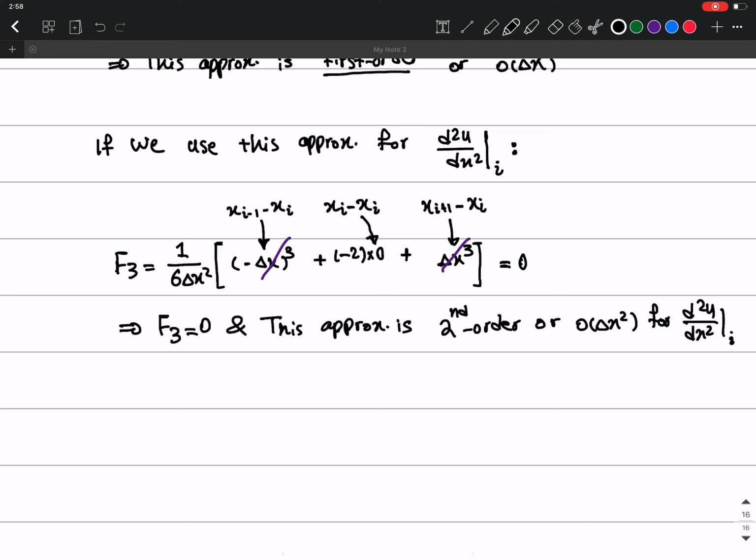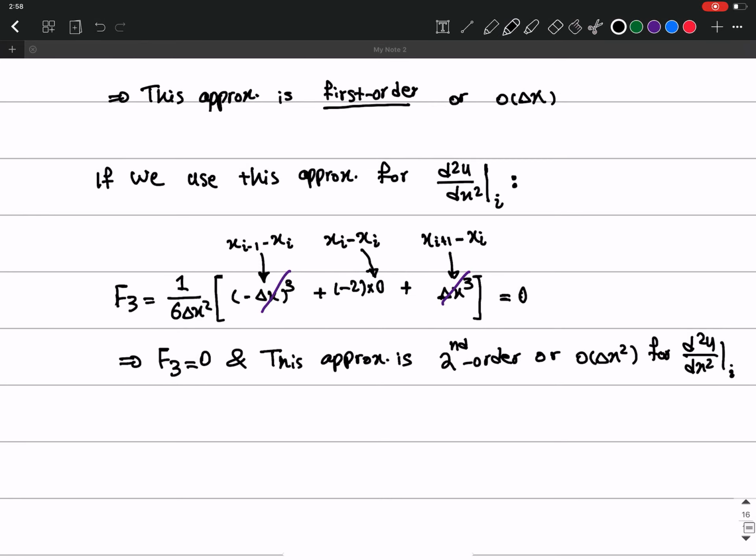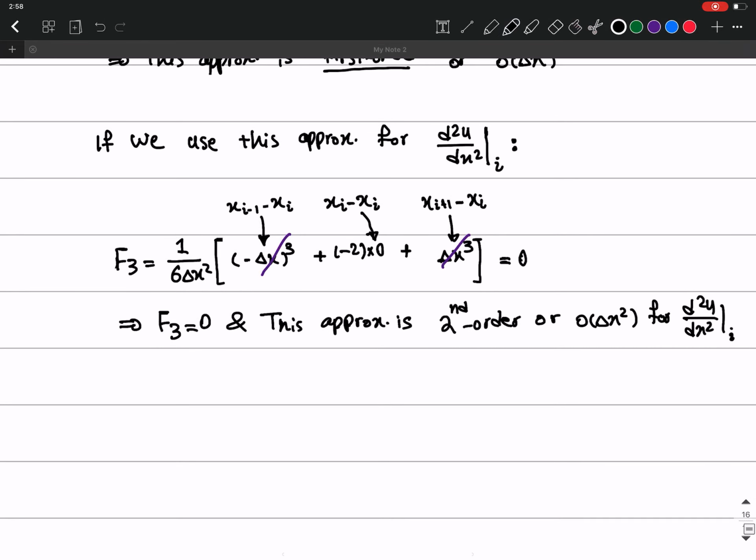In those cases, you don't necessarily need to do these calculations. There is also another way to do that. If you don't want to write all these things from scratch, you can just use the Taylor series or Taylor expansion.